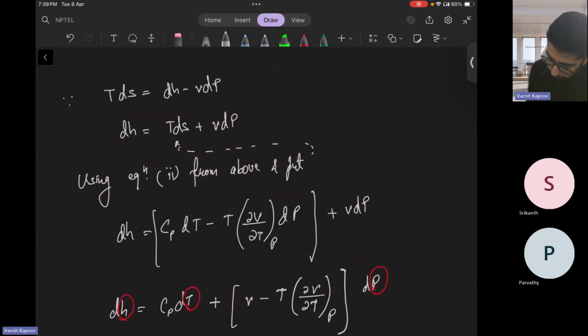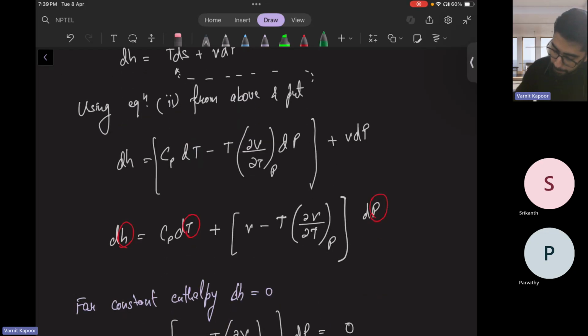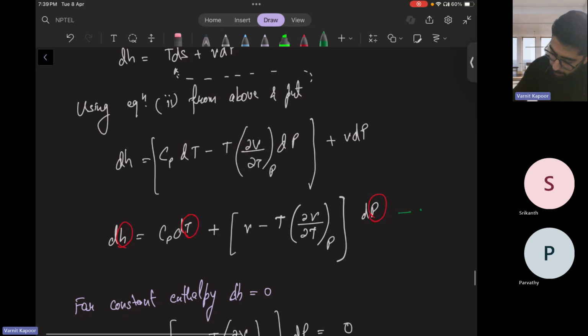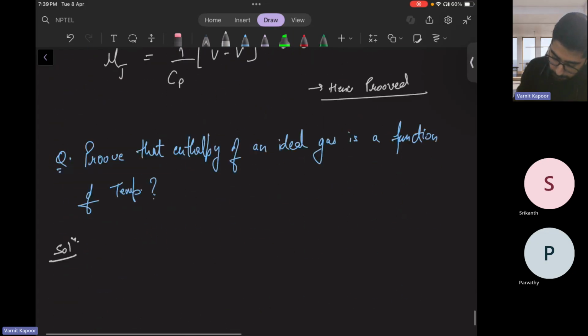In that derivation, we had an expression. This one. Suppose this is equation number 4. Okay, use this equation number 4.